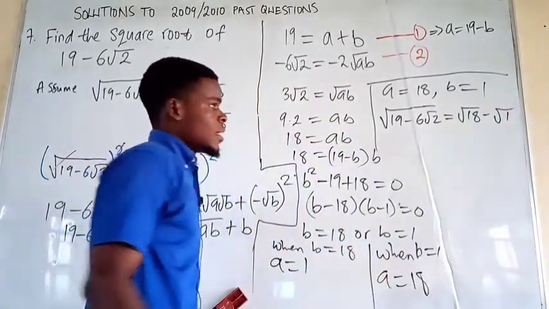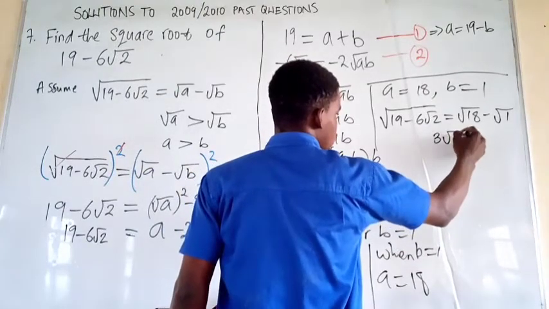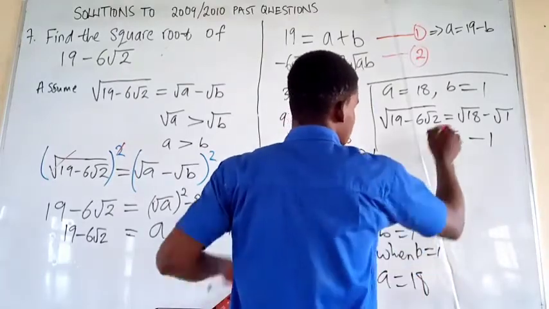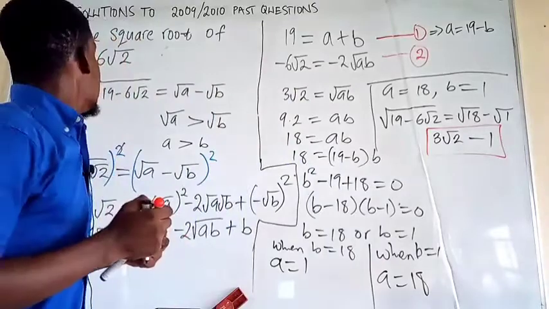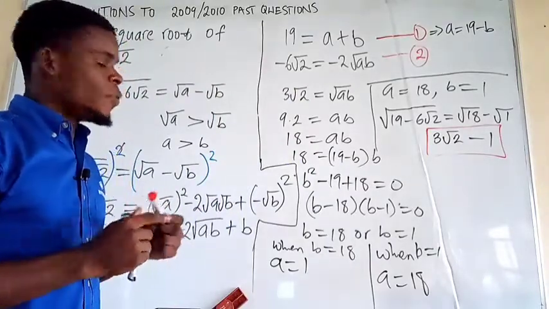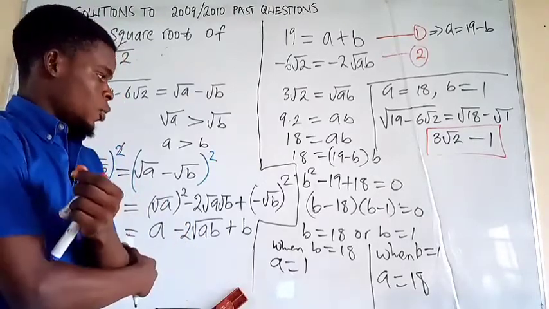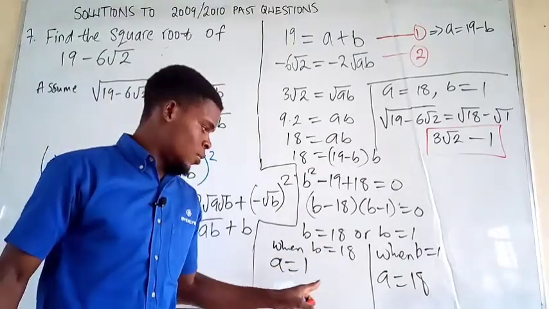And the square root of 18 is just 3 root 2, then the square root of 1 is just 1, and this right here is the square root of 19 minus 6 root 2. If you were to consider the other negative root, that will just be by taking b to be the bigger number and a to be the smaller one.